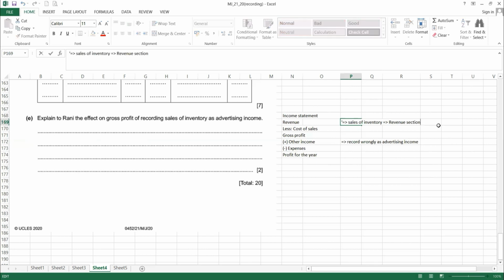So this one, revenue section will be understated. So when revenue is understated, gross profit is also understated. Okay, there is the impact on the gross profit side.